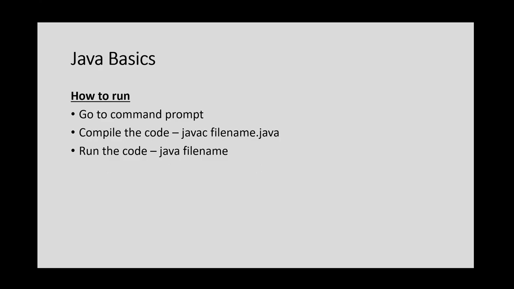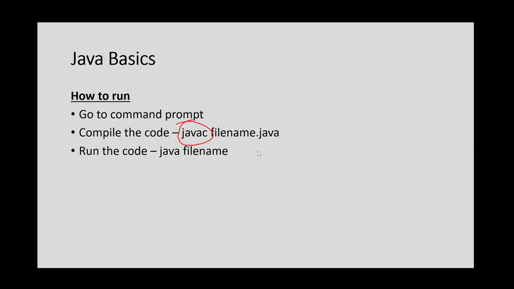So after going to the command prompt, you compile the code. So how to compile the code? With javac. Javac is nothing but the command to compile. Without installing the JDK into your system this will not work, and while installing the JDK, some PCs of older versions may need you to add environment variables. The path needs to be set in the environment variables.